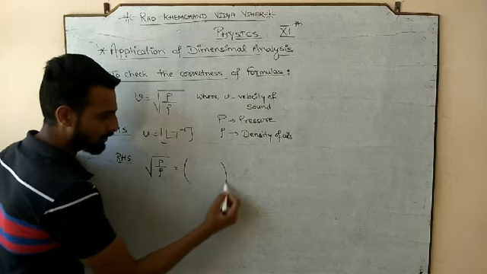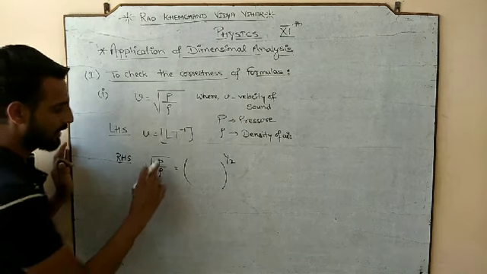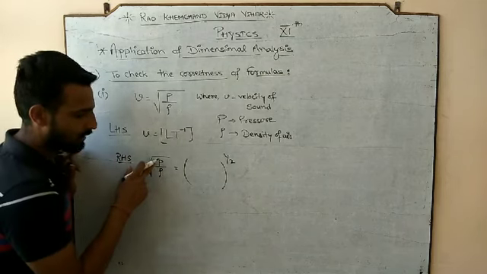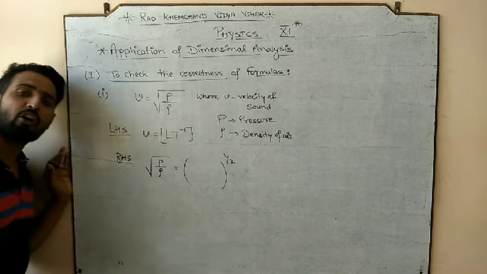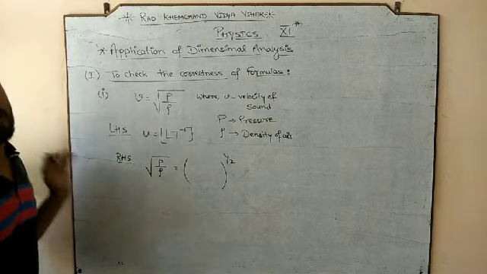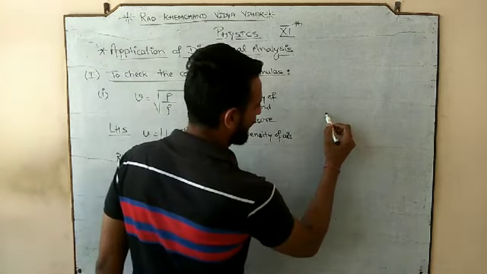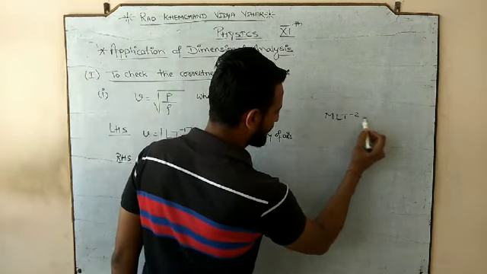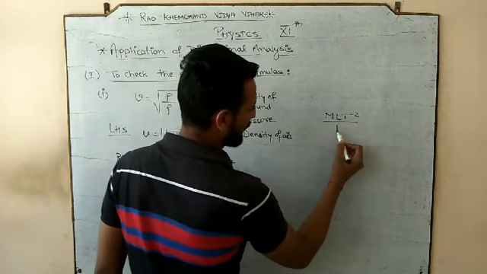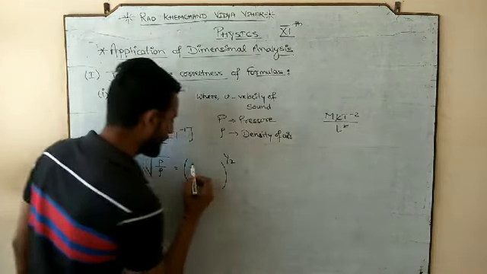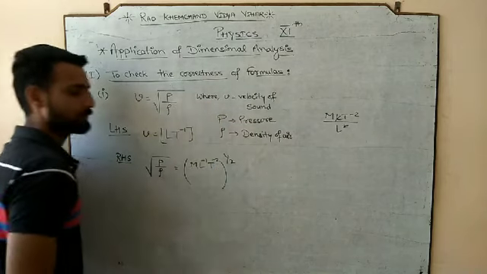Root over. You all know the meaning of square root: the power is half. What is in the numerator? Pressure. Pressure has the formula force per unit area. Force has the dimension MLT minus 2. If you don't remember, you can work it out on the side. The dimension of pressure is MLT minus 2 divided by L squared, which is ML minus 1 T minus 2.